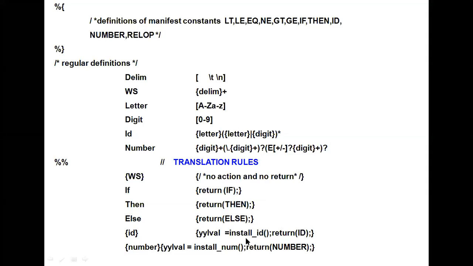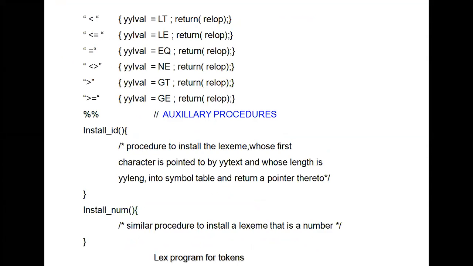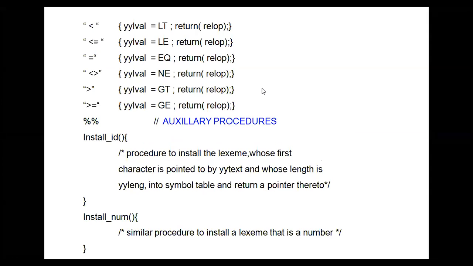These are the translation rules, consisting of regular expressions with associated actions. Translation rules are represented as a rule with an action. Here we have some other representations: less than or equal to, not equal to, greater than.